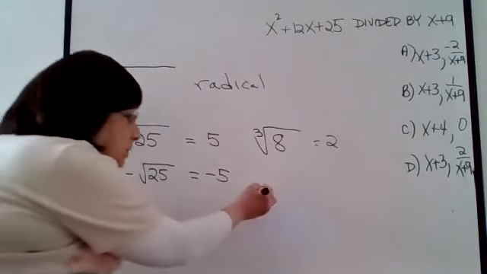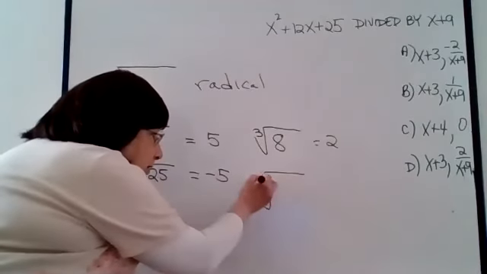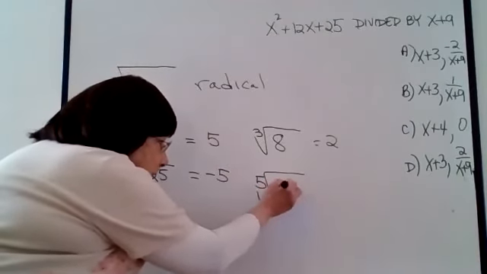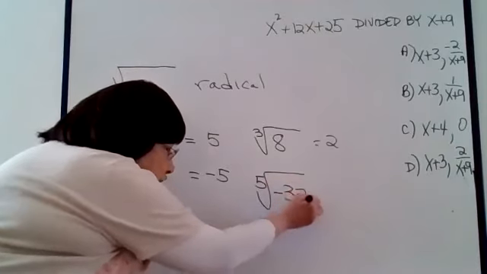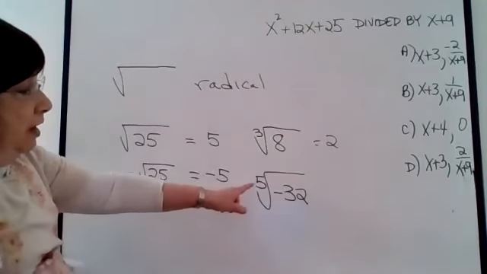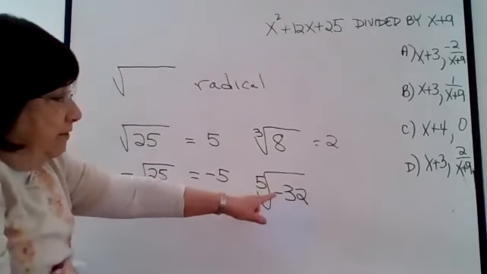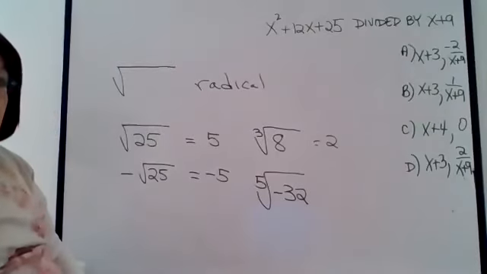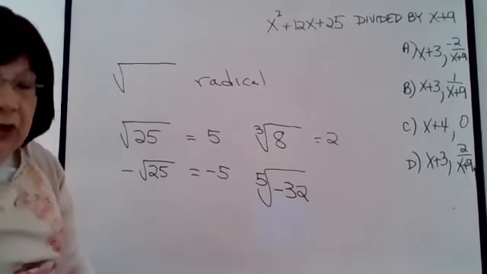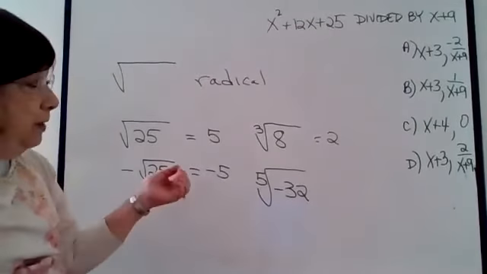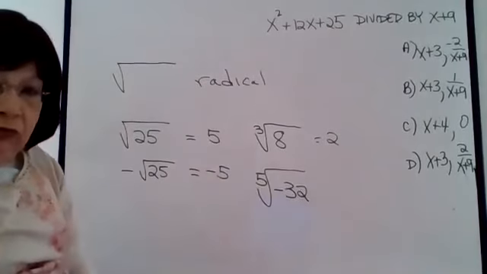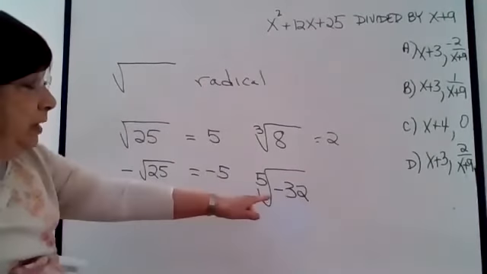If I wrote something like this, this would be read the 5th root of -32. And what that's asking me for is a number that multiplied by itself 5 times will give me -32.